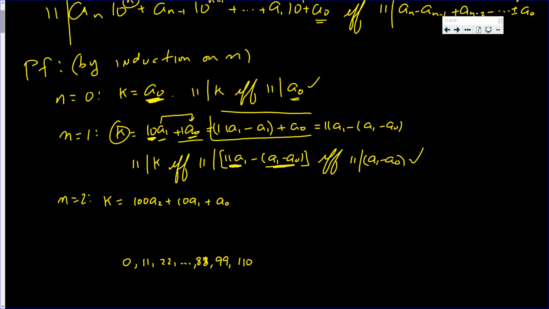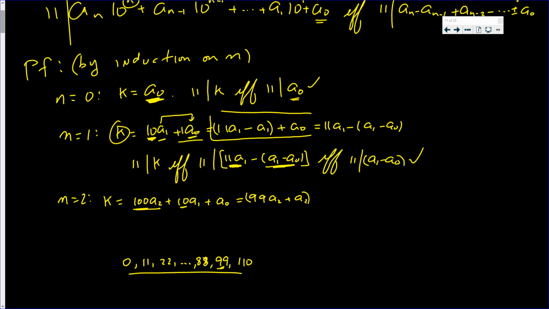Now, which of these multiples of 11 is closest to 100? The answer is 99. So I'm going to think of 100a2 as 99a2, and to balance it, I better add another a2. I have it right there.